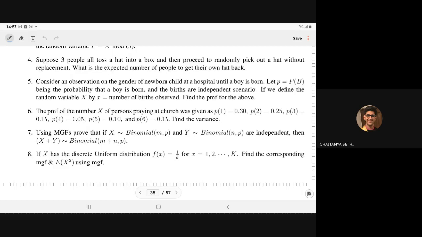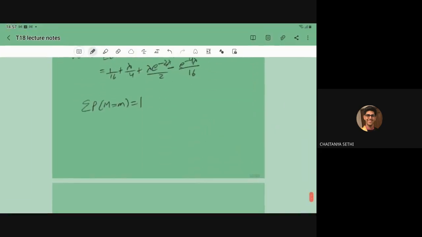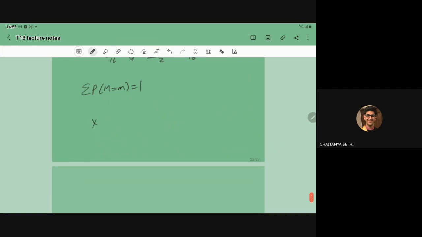Using MGF, prove that if X follows the binomial distribution with parameters m, p and Y follows the binomial distribution with parameters n, p are independent, then X plus Y follows the binomial distribution. See, it is given to you that X follows binomial distribution with parameter m comma p and Y follows binomial distribution with parameter n comma p.